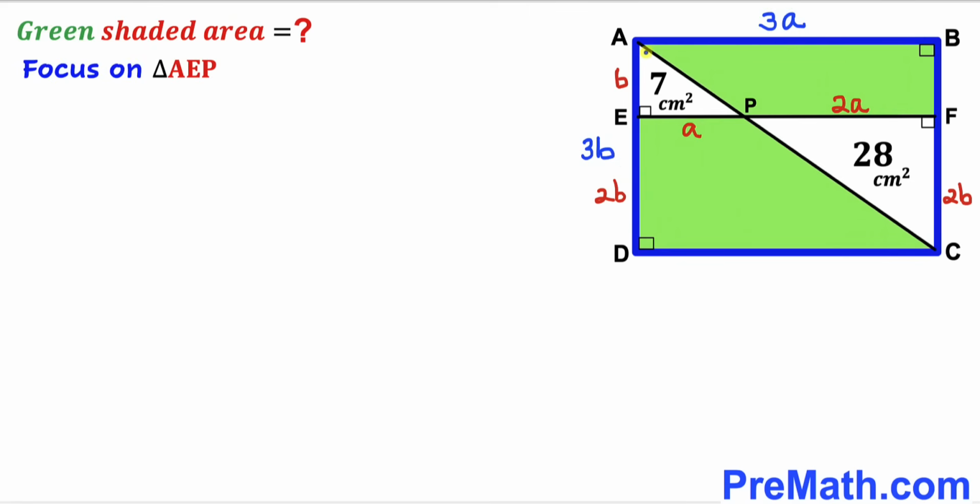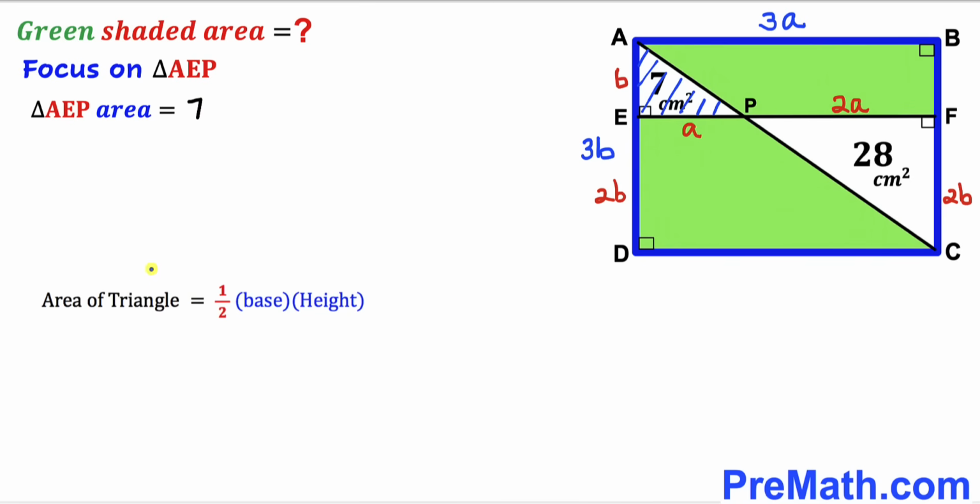Now let's focus on the smaller right triangle AEP, whose area is given as 7 cm². Recall the area of a triangle formula: area equals a half times base times height. In our case, the base is a and the height is b.